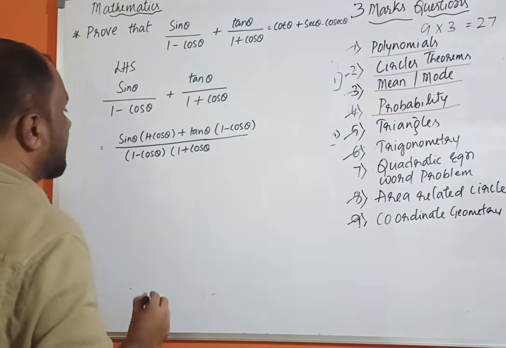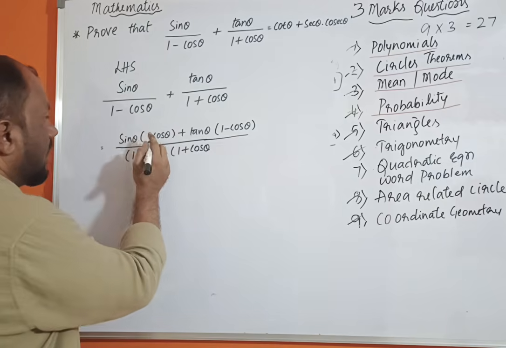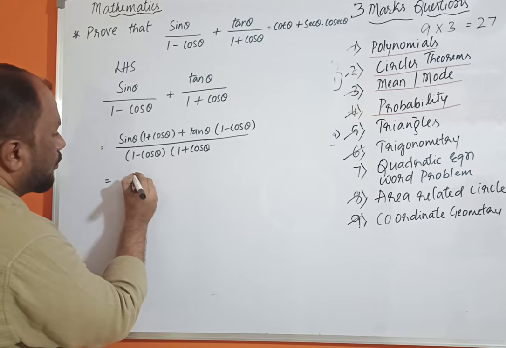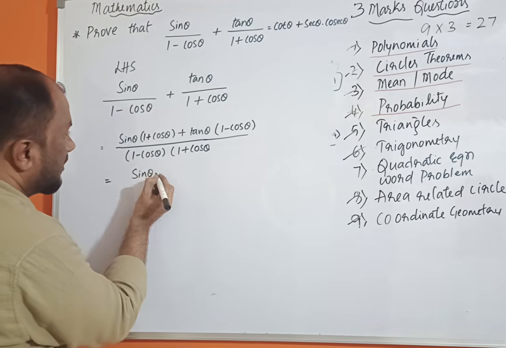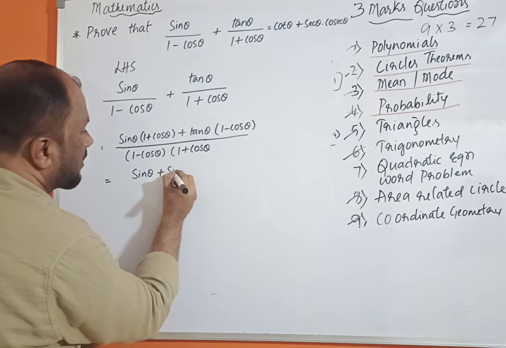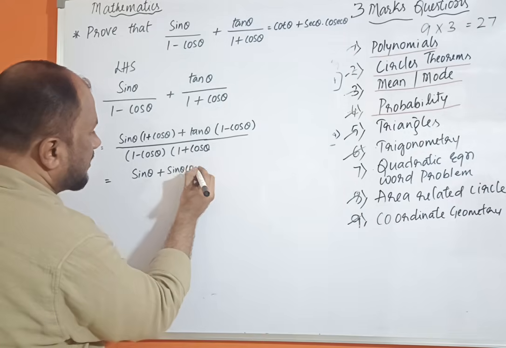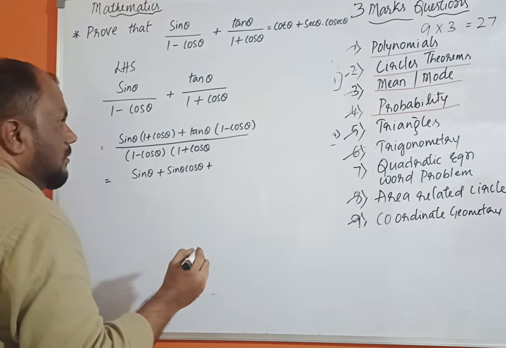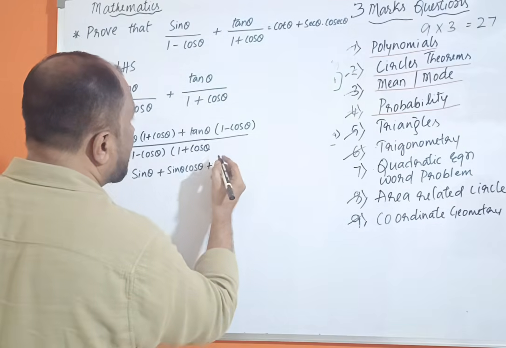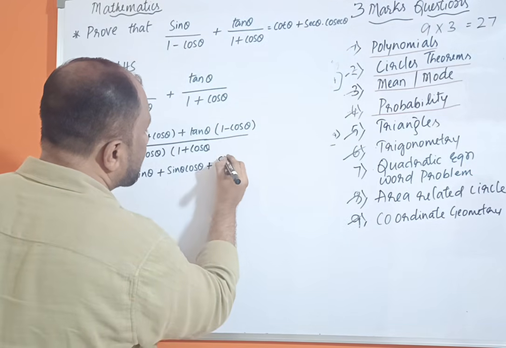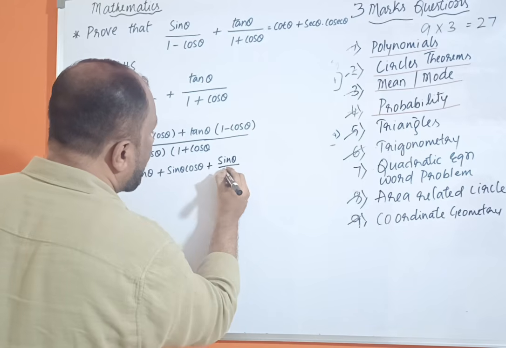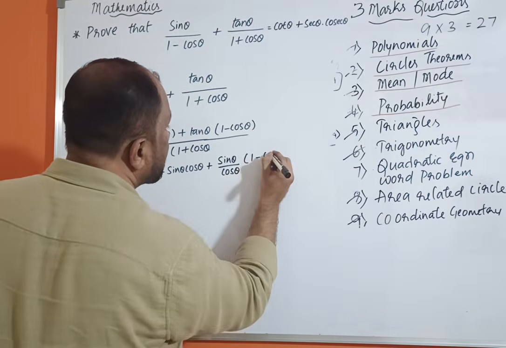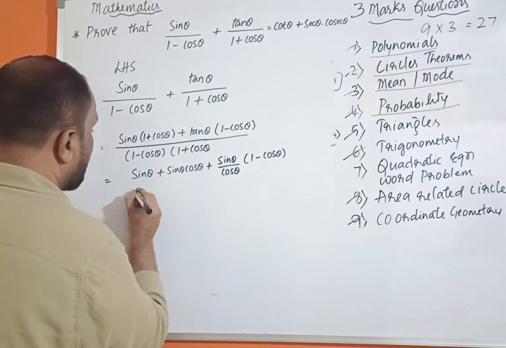Okay. So next step. This is 1 plus cos theta. Sin theta into 1 is sin theta, plus sin theta into cos theta is sin theta cos theta. Okay. Plus tan theta can be written as sin theta divided by cos theta in bracket 1 minus cos theta.